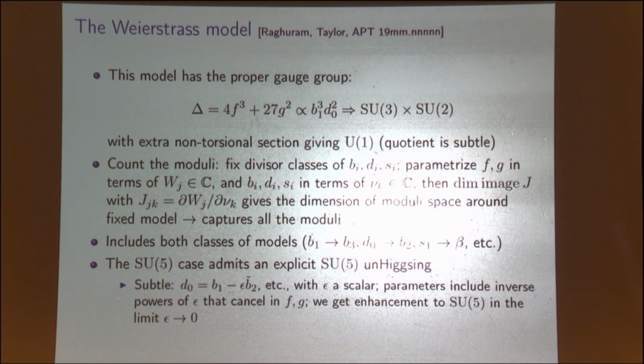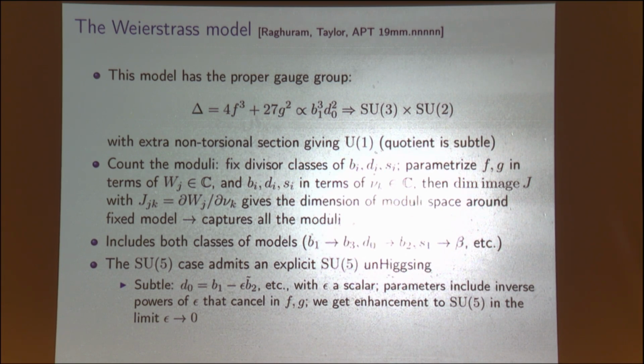So what you actually have to do is do a shifted version of that. You set D0 equal to B1, shifted by some other epsilon times B2 twiddle, with epsilon having trivial homology class. And you do similar redefinitions for all of the other parameters in the Weierstrass model. But because epsilon is trivial, you can put it in inverse powers in these redefinitions.